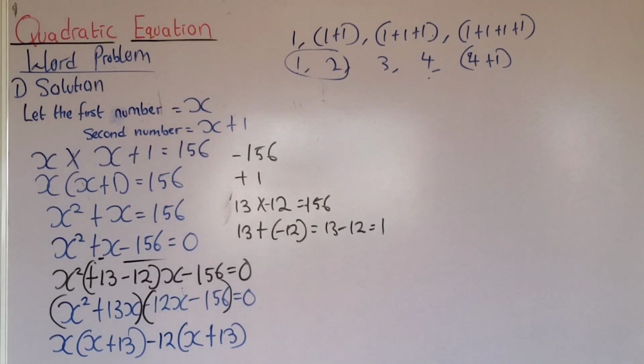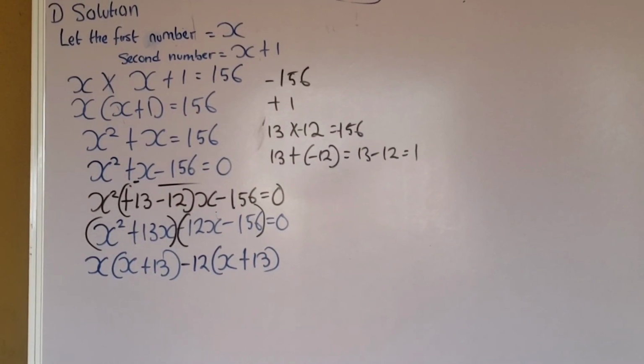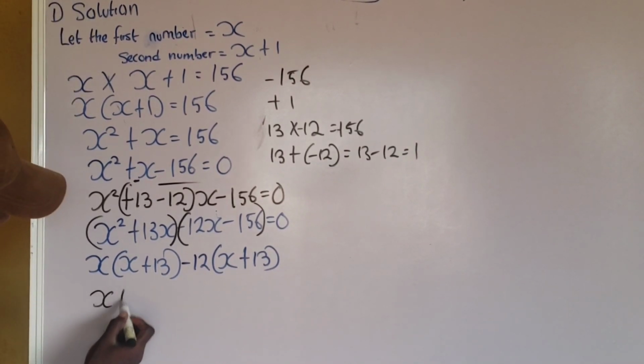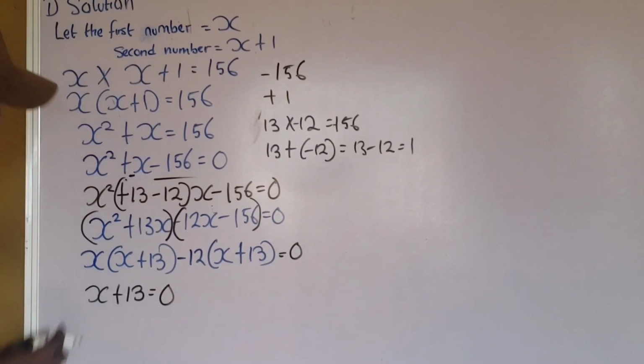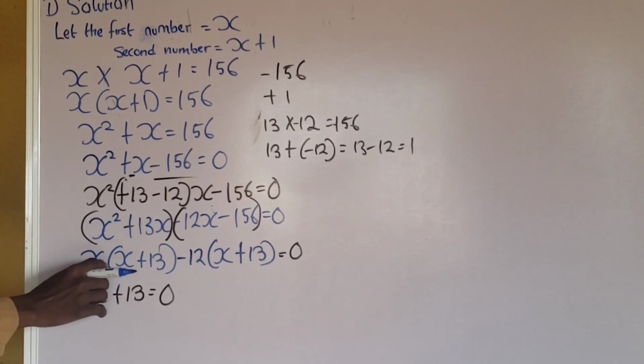So I'm going to take one bracket. So for this, I'm going to have x plus 13 equals 0. Okay, this is equals to 0. Then, now I'm going to combine the factors outside the bracket, that is x and negative 12.